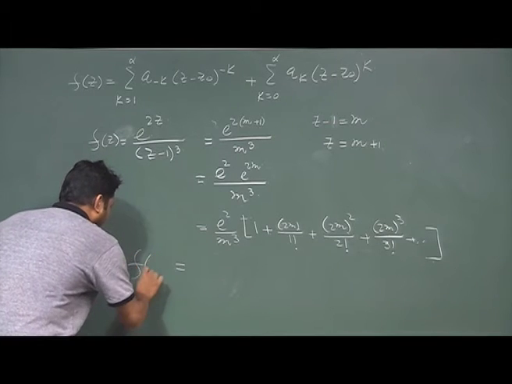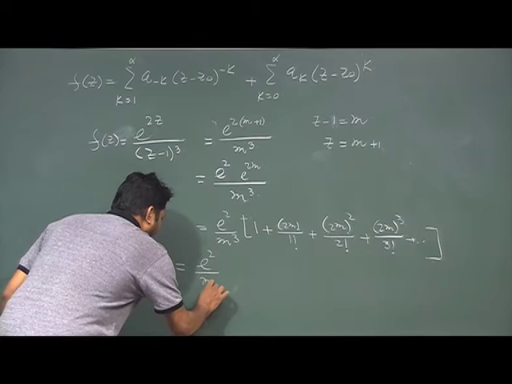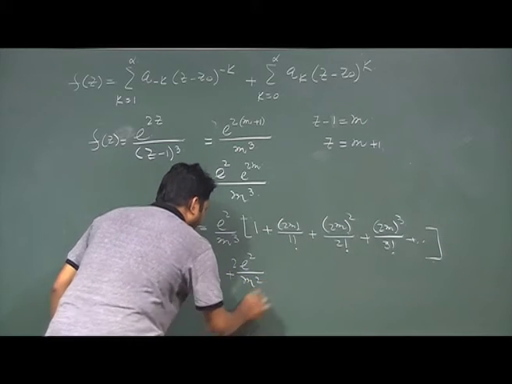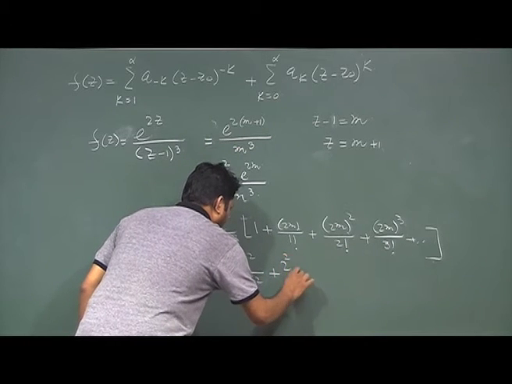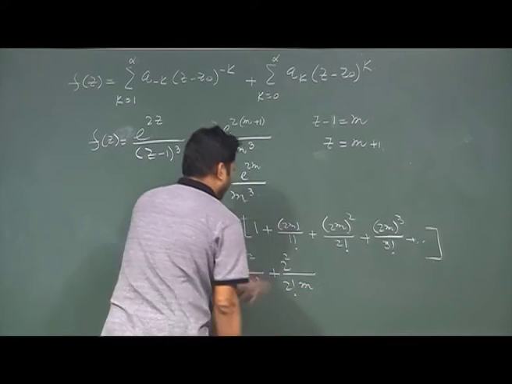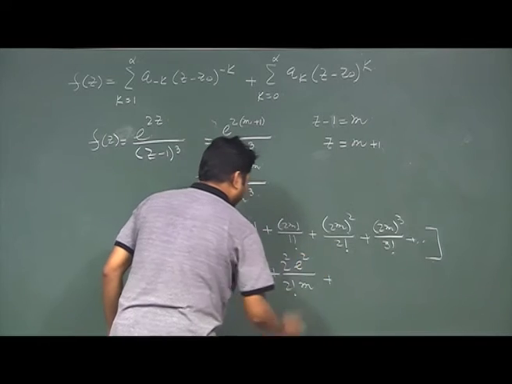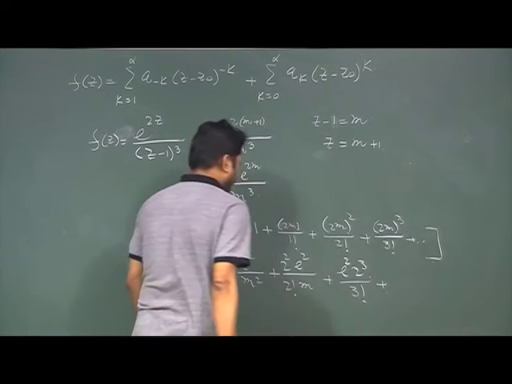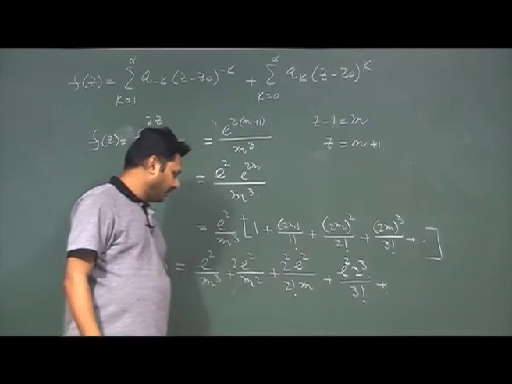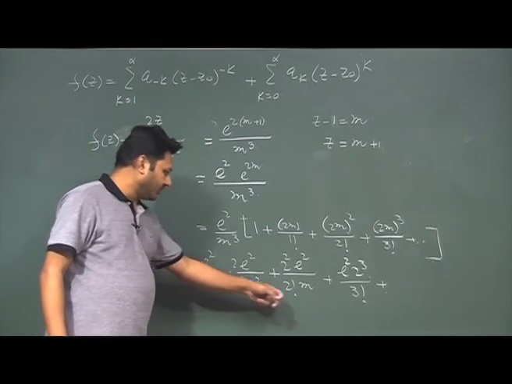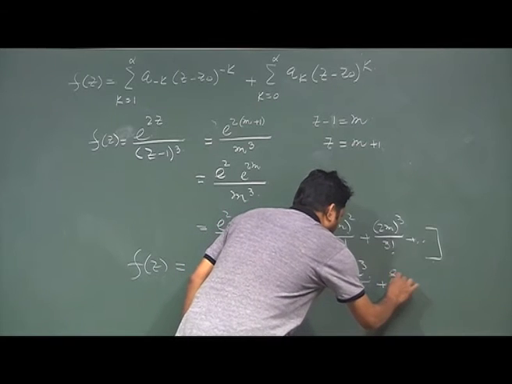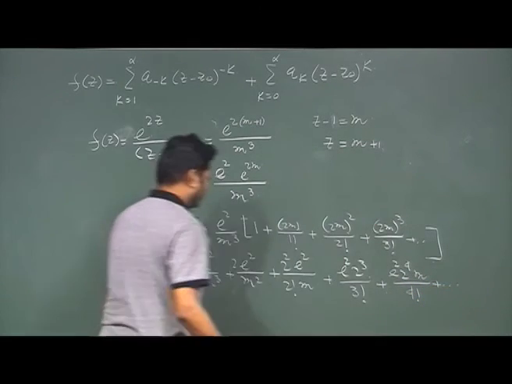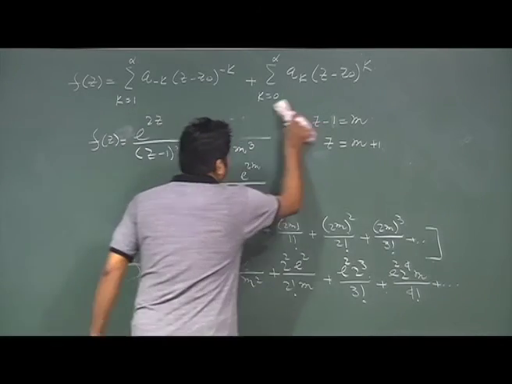So, the function finally comes out to be e square divided by m cube, then 2 e square divided by m square, plus 2 square e square divided by factorial 2 m, and then e square 2 cube divided by factorial 3, which has no m. Then we have terms with m in the numerator: e square 2 to the power 4 m divided by factorial 4, and so on.